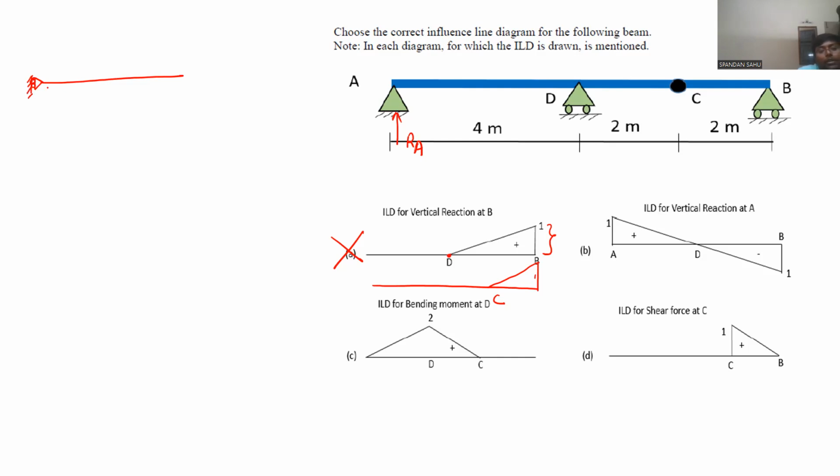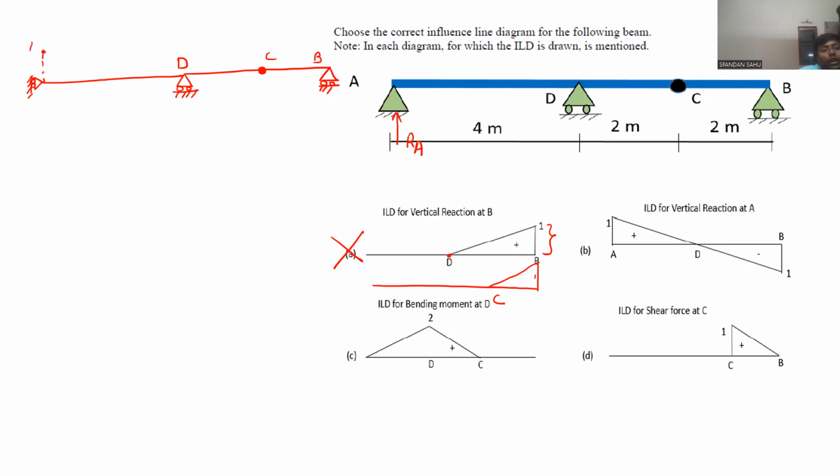The joint condition will be modified like this. D will remain as it is. C is an internal hinge. It will be C, B, D, A, and here you have to give unit lift.